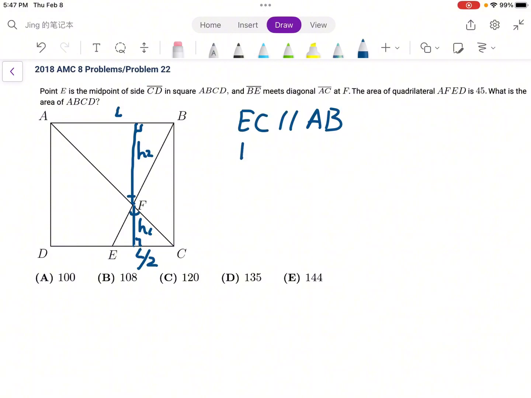So H1 divide H2 equals EC over AB equals 1/2.